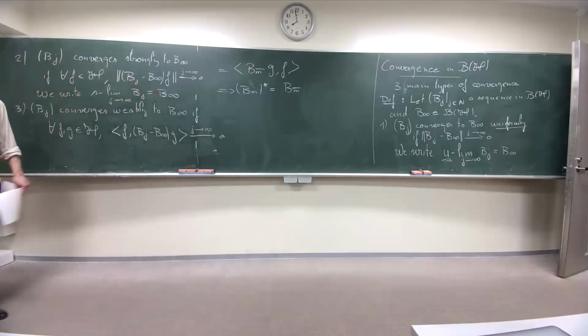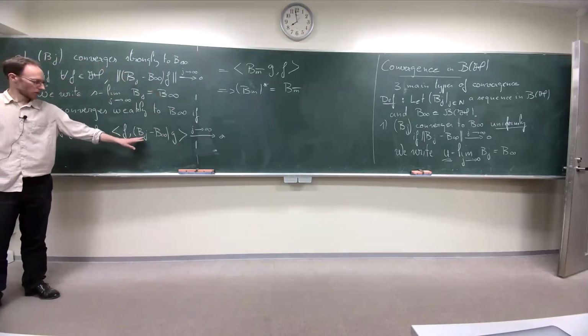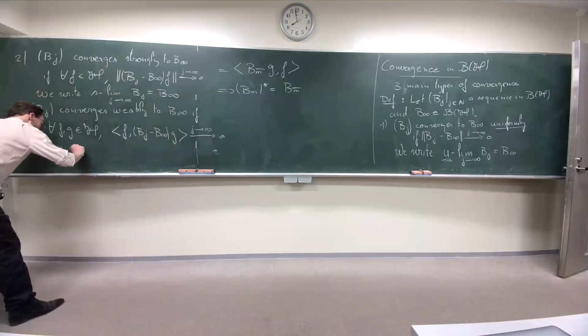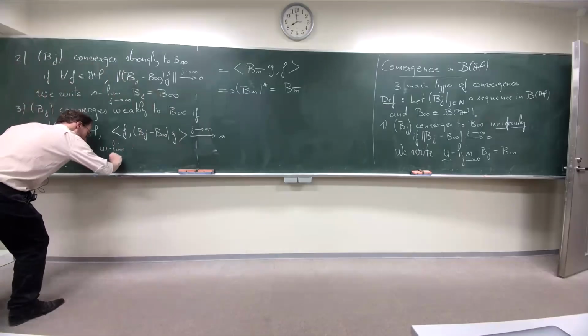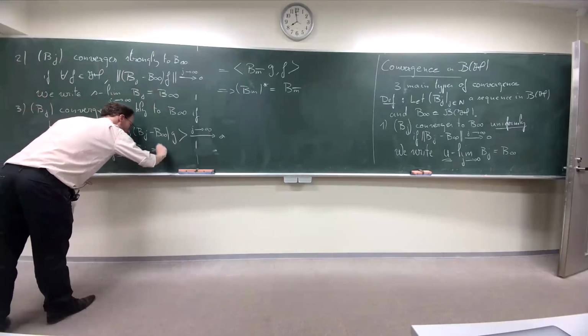This is just a convergence of numbers because look, this is just a number. And in this case, we write the weak limit j goes to infinity of Bj is B.